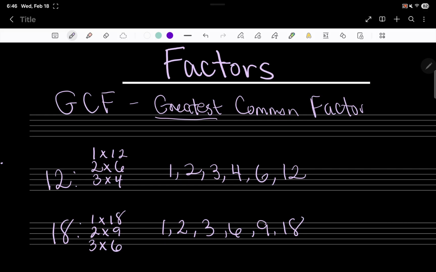First, let's see what they have in common. They have 1, 2, 3, and 6 in common between 18 and 12.